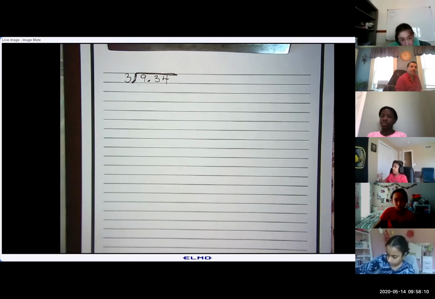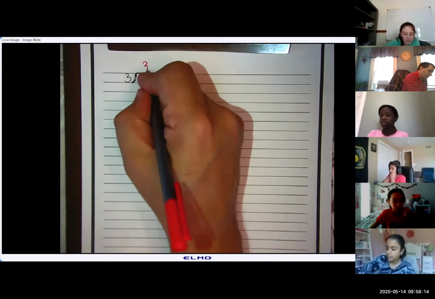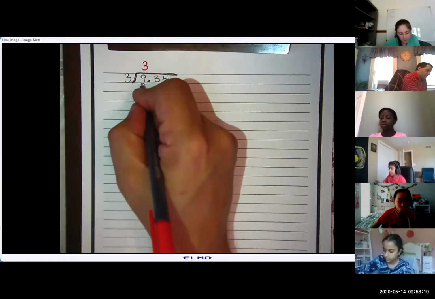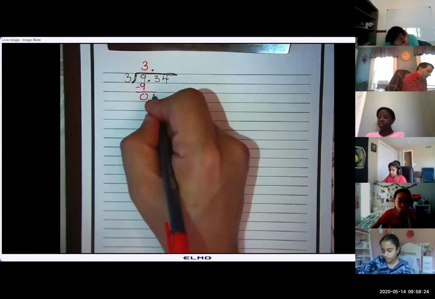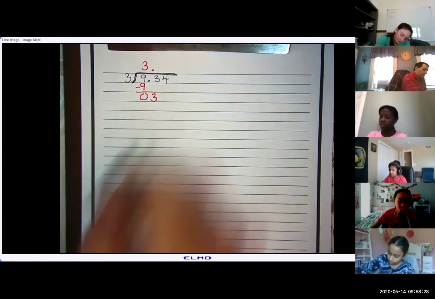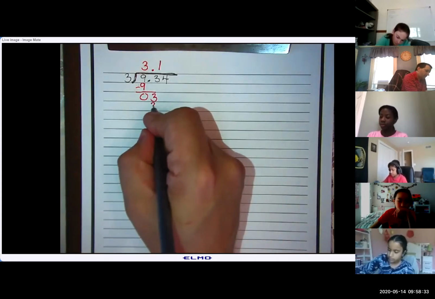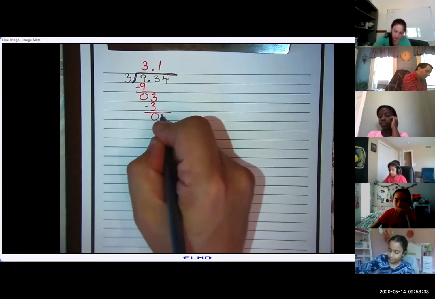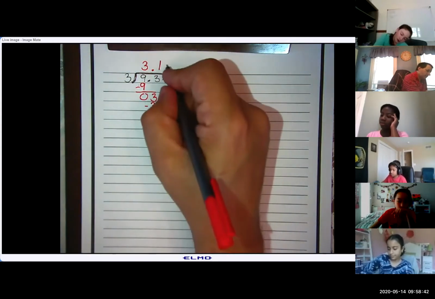Yep. So you do 9 divided by 3, which is 3. So you do 9 minus 9, which is 0. Then you bring down the 3. And then you do 3 divided by 3, which is 1. And so you do 3 minus 3, which is 0. Then you bring down the 4, and then you do 4 divided by 3, which is 1.